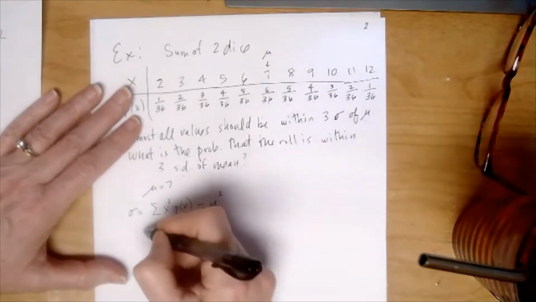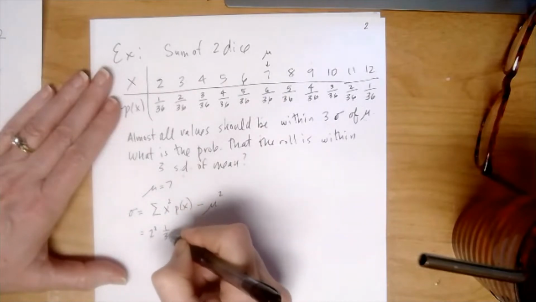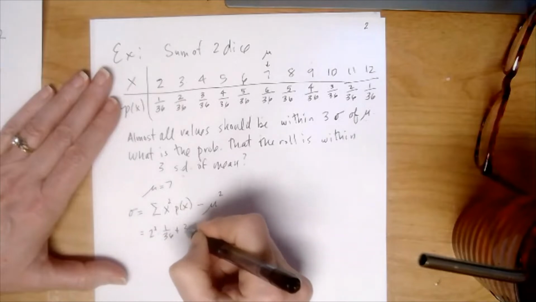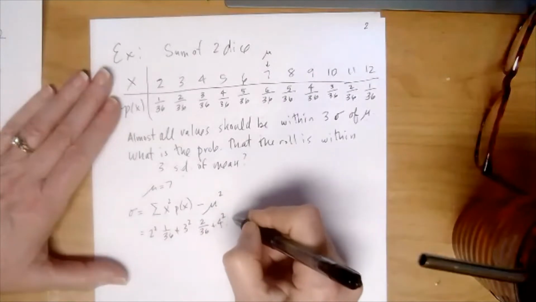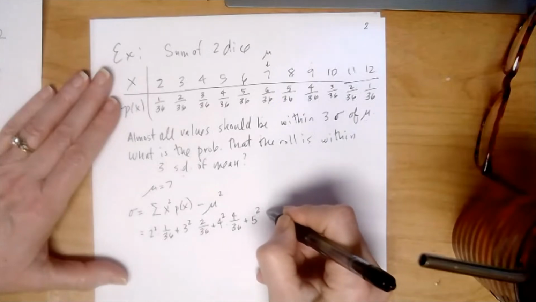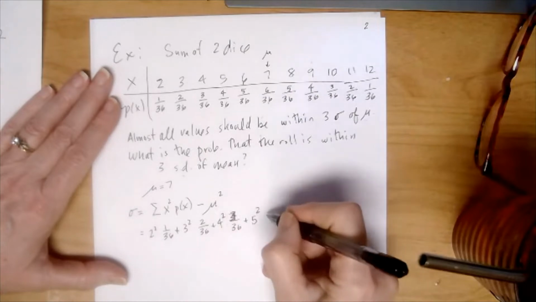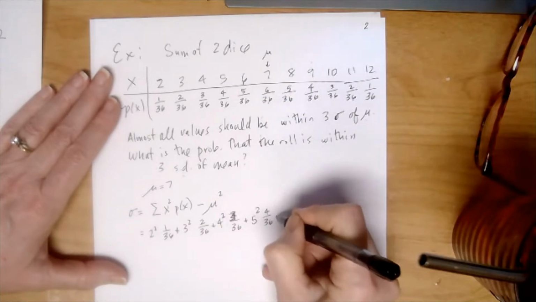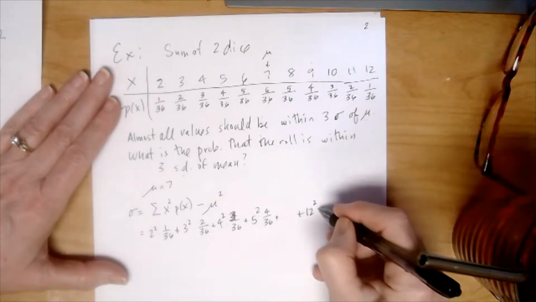All right, so what is this? So x squared, so 2 squared times 1 over 36 plus 3 squared times 2 over 36 plus 4 squared times 3 over 36 plus 5 squared times 4 over 36, and I'm just going to dot, dot, dot, plus 12 squared, x squared times its probability.